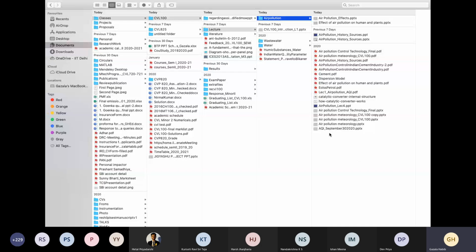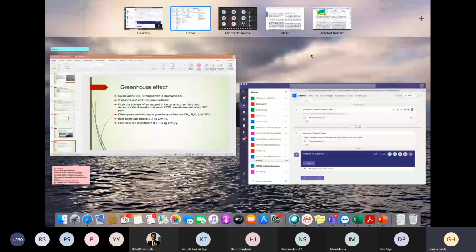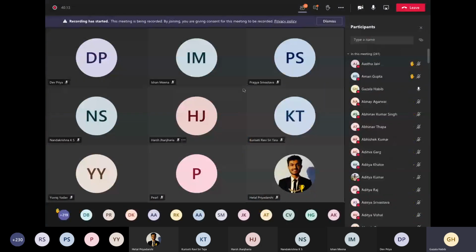We will start air pollution meteorology, and then last would be air pollution control technology. So two lectures are there related to air pollution. Maybe in 2 to 3 classes we will complete air pollution. Then 1 or 2 classes we will take solid waste.